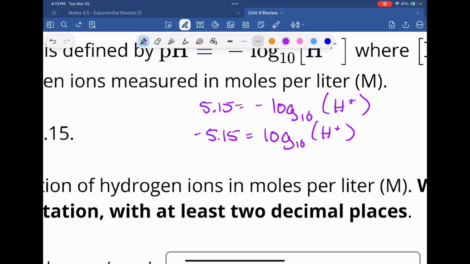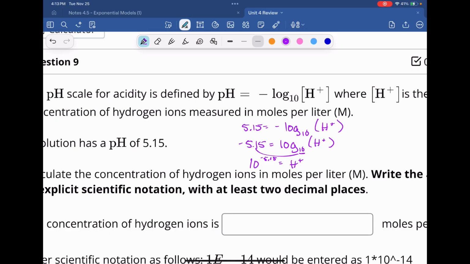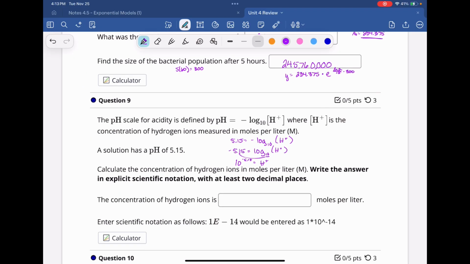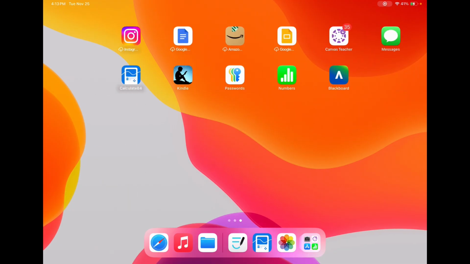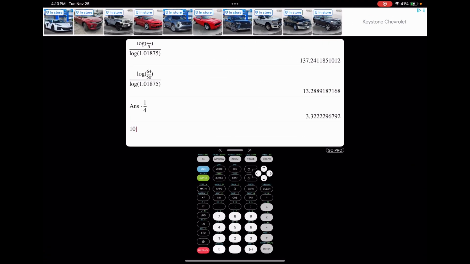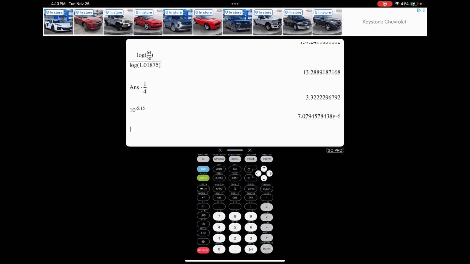Rewrite it in exponential, so the base is 10. All right, so we put that in the calculator. 10 to the -5.15 gets you that E thing. So 7.07945.